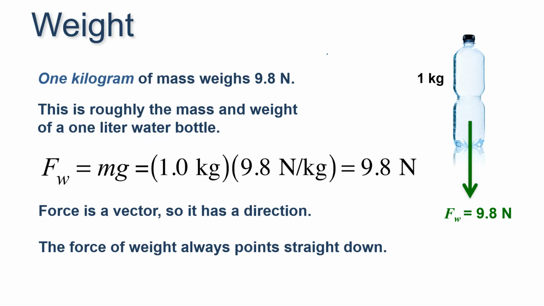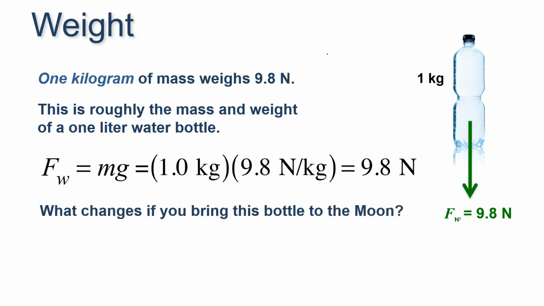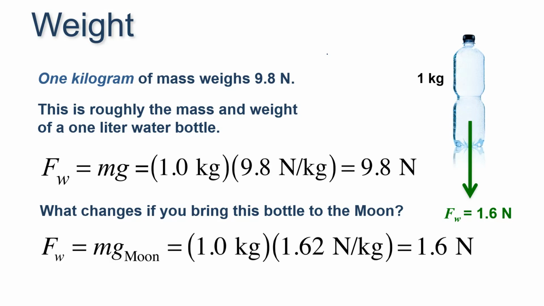We are almost done. Well, if you go to the moon, the acceleration due to gravity is 1/6 that. So write this down. The acceleration due to gravity on the moon is only 1.62, while on Earth, it is 9.8.